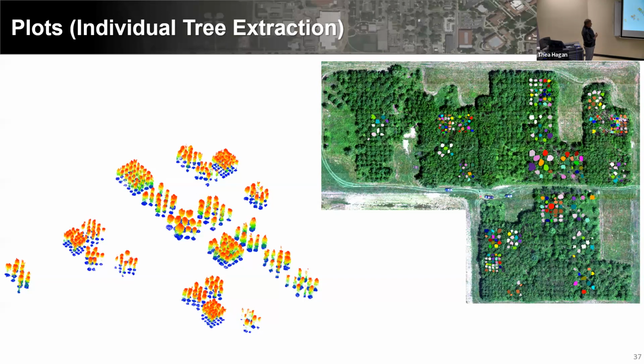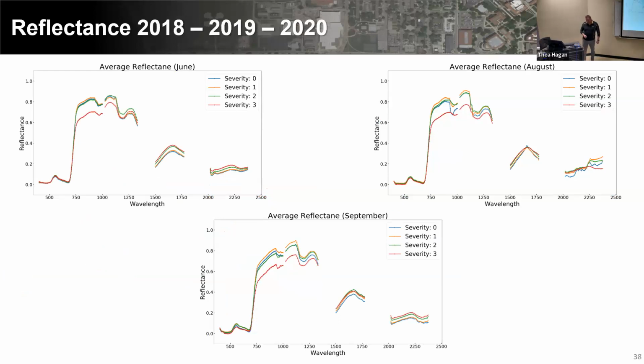Then we extracted those trees and the pixels from those trees from the UAV imagery to compare them across years and across time points. We normalized the data, so basically setting the most to 1 and everything else is less than that. That makes it easier to compare June to August, and especially as we move across years.